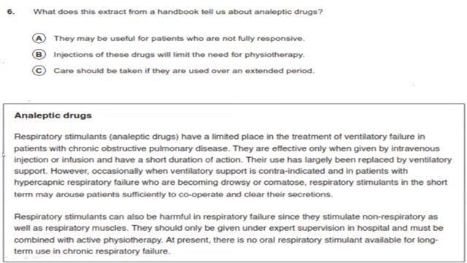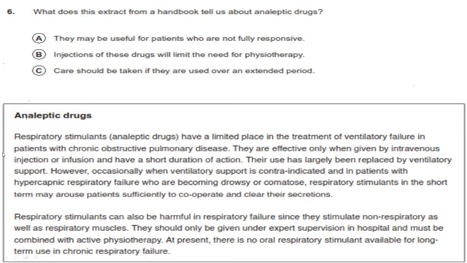However, occasionally when ventilatory support is contraindicated and in patients with hypercapnic respiratory failure who are becoming drowsy or comatose, respiratory stimulants in the short term may arouse patients sufficiently to cooperate and clear their secretions.